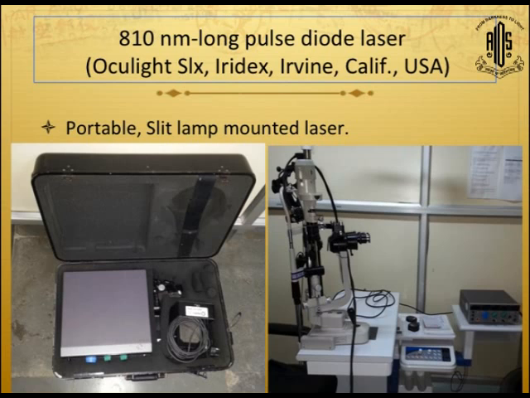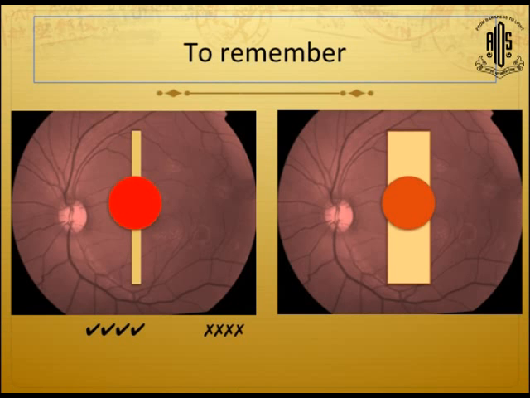This laser is a very portable machine, and it can be mounted on the slit lamp. You can see the adapter which is mounted on the slit lamp here. That's the adapter, and that's the portable machine. How to do it: we have to choose a slit which should be very minimal in size and width, so that we can appreciate the laser spot.